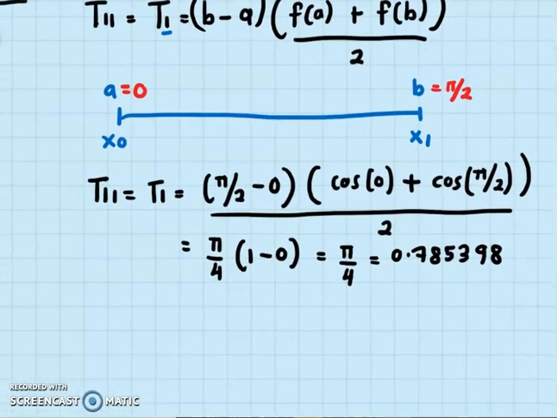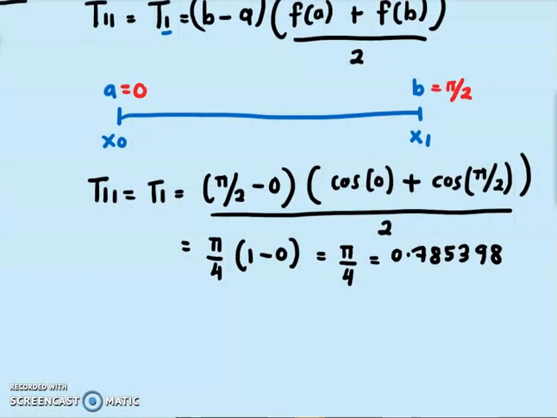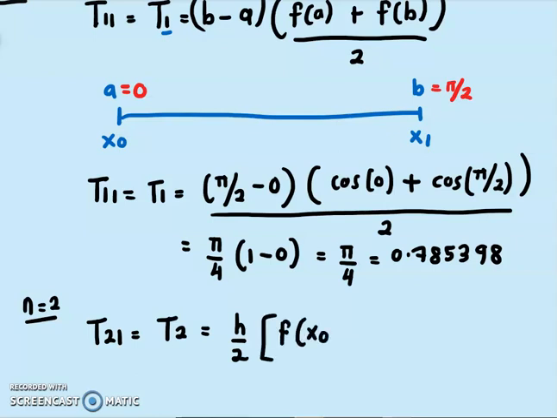So to find T21, for n is 2, we have 2 intervals. Now look at the composite trapezoidal rule for n sub-intervals, which is given by h over 2 times f of x0 plus 2 times f of x1 plus f of x2. This is for n equals 2.